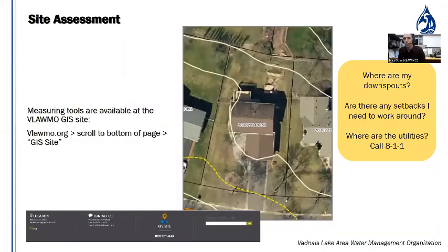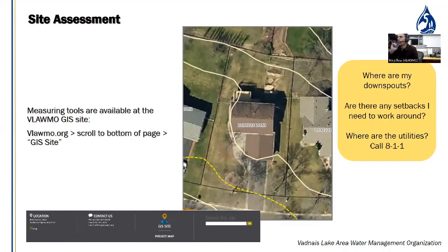So then it's time to assess your site. We have a lot of tools on the Vlamo website for measuring distance, lines, or shapes. We even made videos about this tool on the Vlamo YouTube channel, and I'll have a link at the end of the slideshow. So you're going to get your square footage of a rain garden.